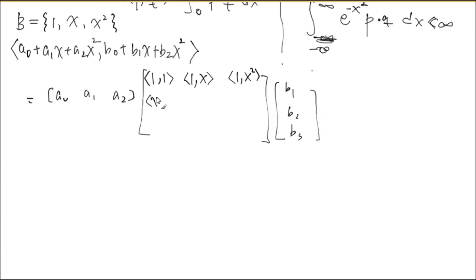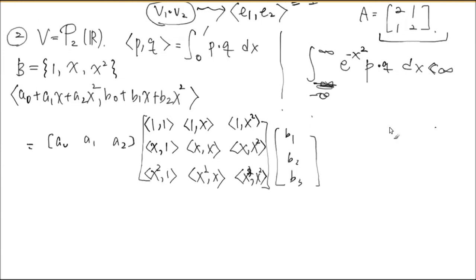So what is this one? Second base and first base, the second row. And second base to second base, second base to the third base, right? And this one here, third base and first base, third base and the second base, and third base to third base, right? Now what is the inner product? You multiply these two functions and integrate.